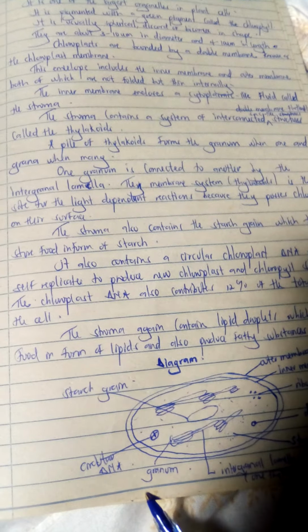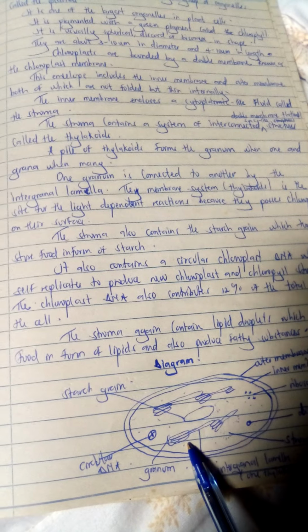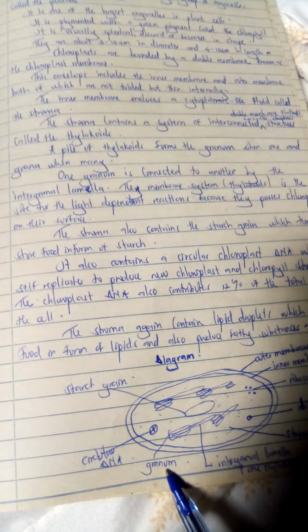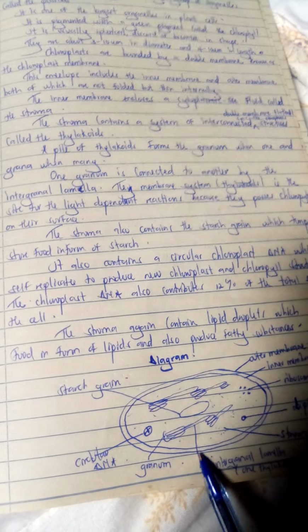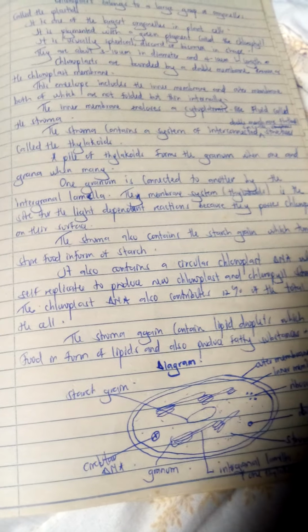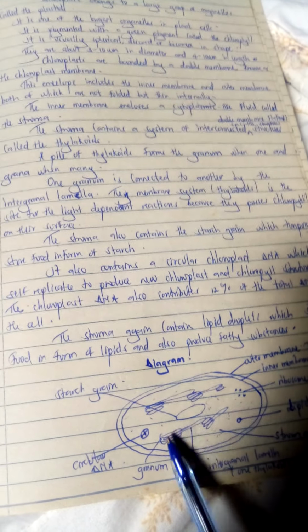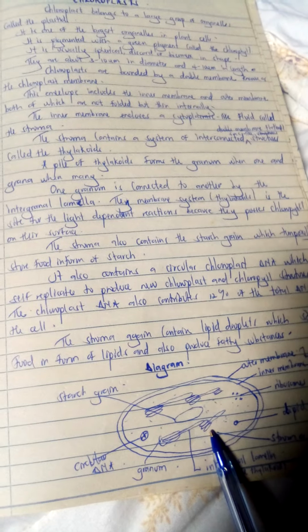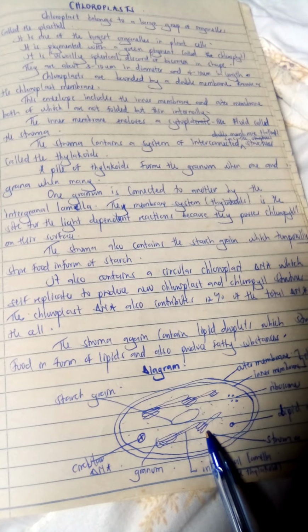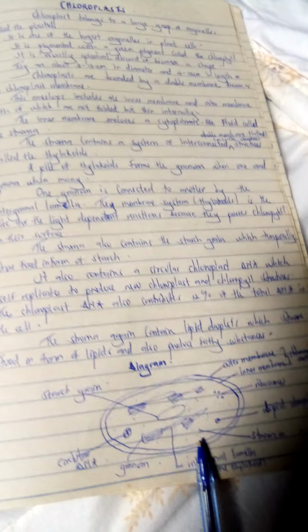A pile of thylakoids, like this one, forms the granum. This is the granum when one, and grana when many. For example, this one and this one, those are grana. One granum is connected to the other by the intergranal lamellae.